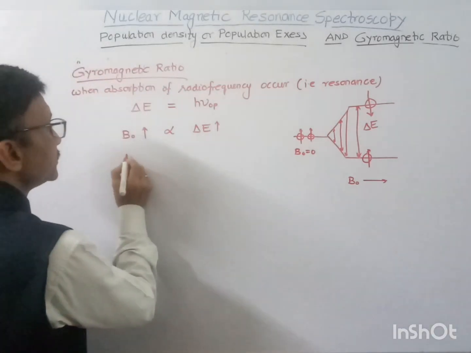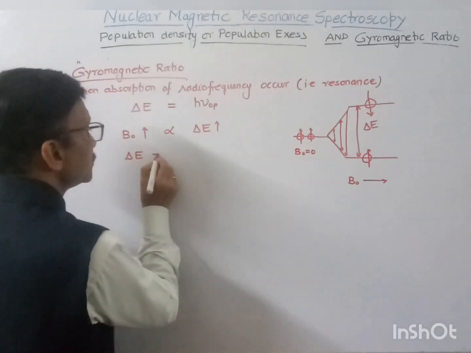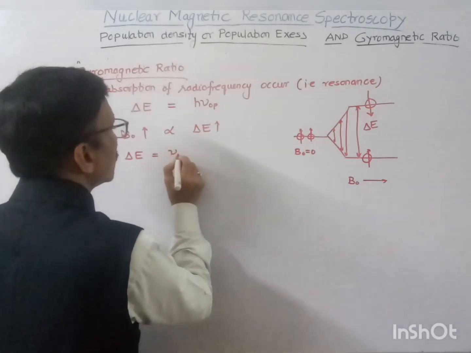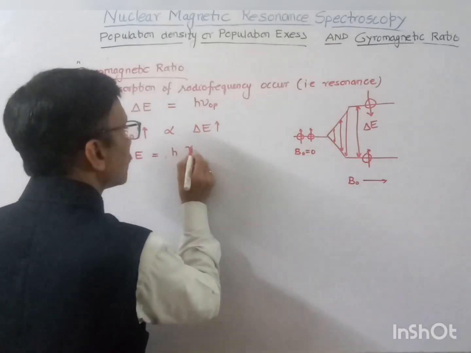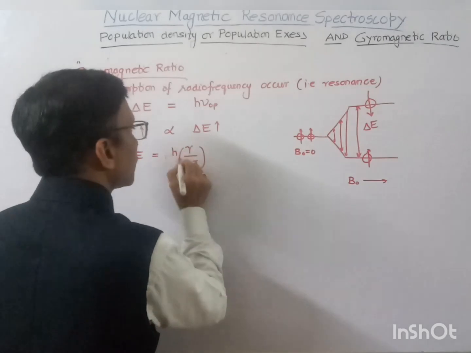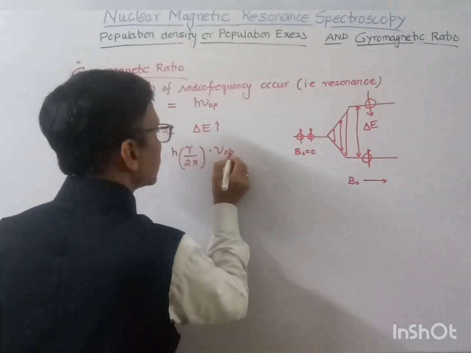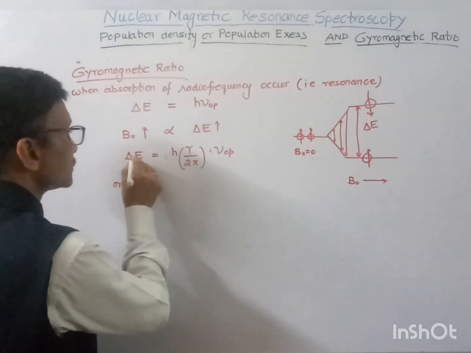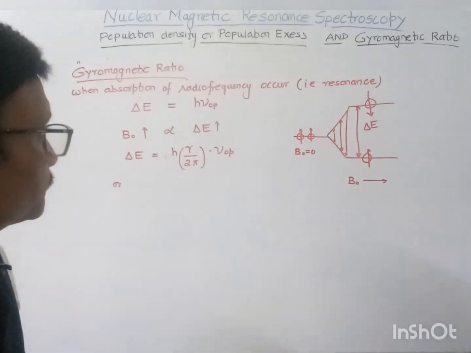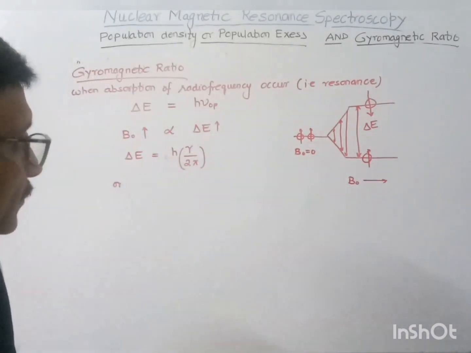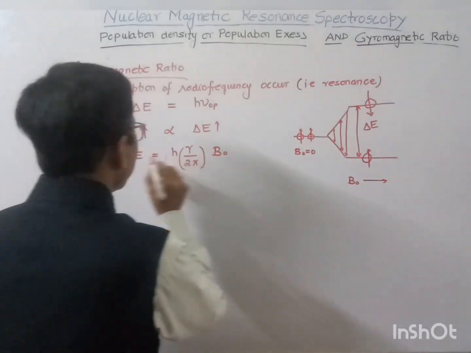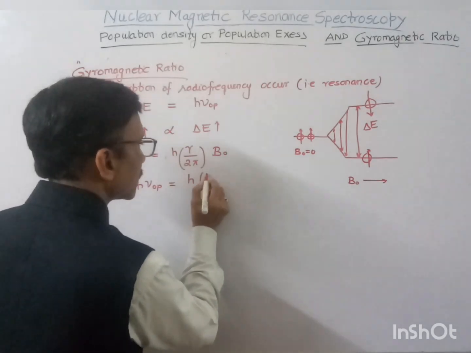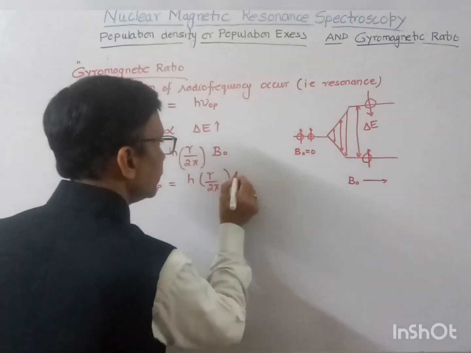So what we can write, this delta E is equal to mu, which is equal to h gamma upon 2 pi, multiplied by mu operating. Or we can say h nu operating is equal to h gamma upon 2 pi B naught.